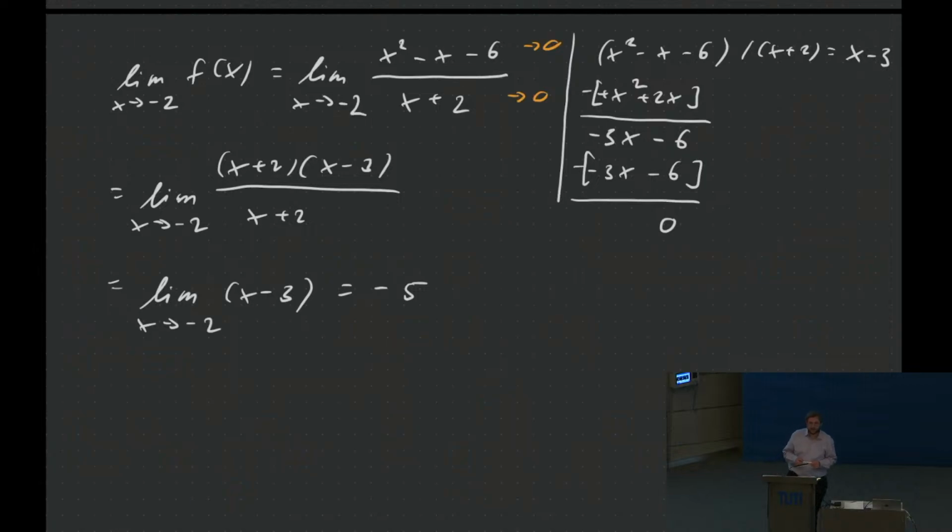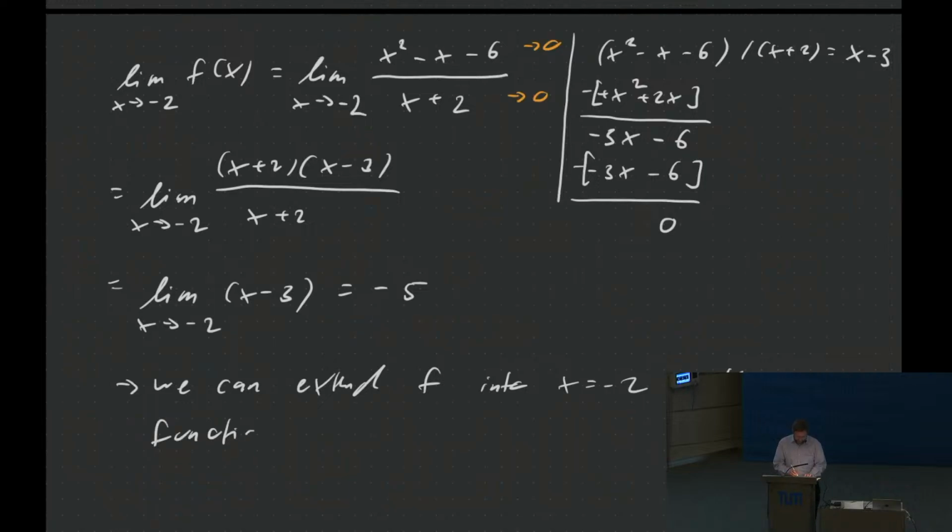Okay, so again, the limit exists, and that means we can again extend the function into that point, and then we covered all the gaps. We can extend f into x equals minus 2 with a function value of minus 5.